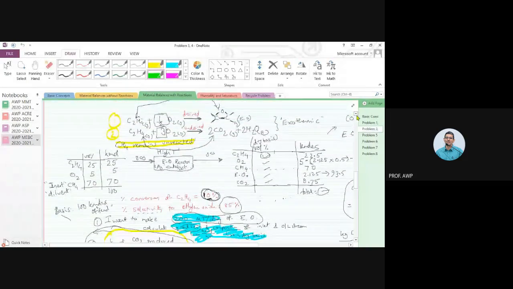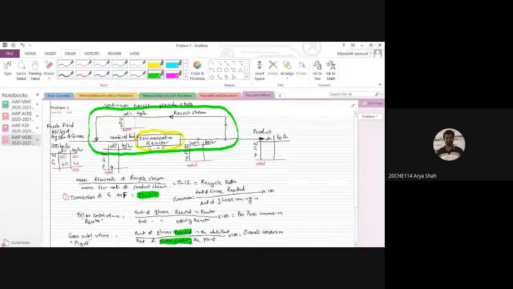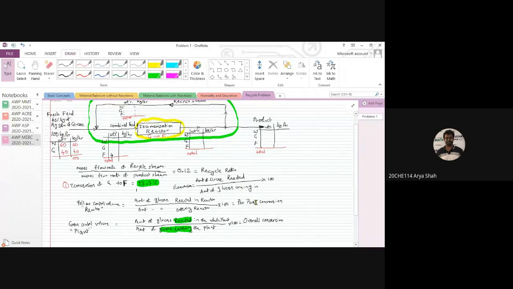Do you agree, Arya? So my doubt is that if you take the green control volume and you say that the amount of glucose reacted, would it include amount of glucose reacted. Period. Reacted means reacted. Overall or for the input that I've given? Green control volume. If it is green control volume, it is overall, no?